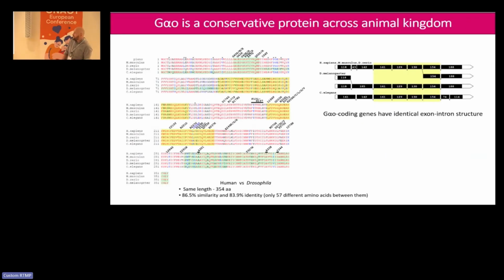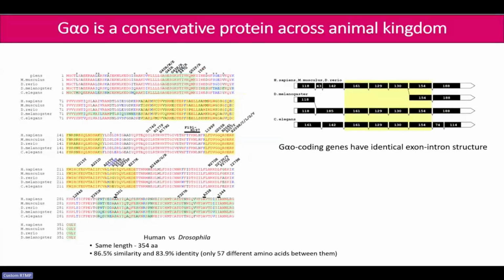The GNAO1 protein is very conserved. Across the animal kingdom, all proteins have 354 amino acids, and the identity between Drosophila and human is more than 80%.